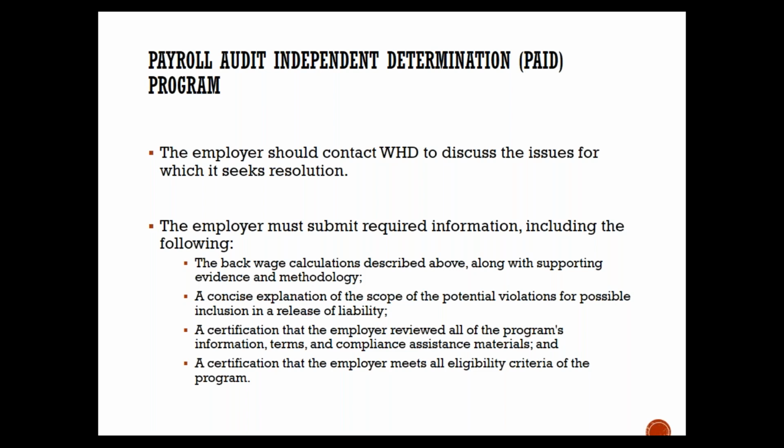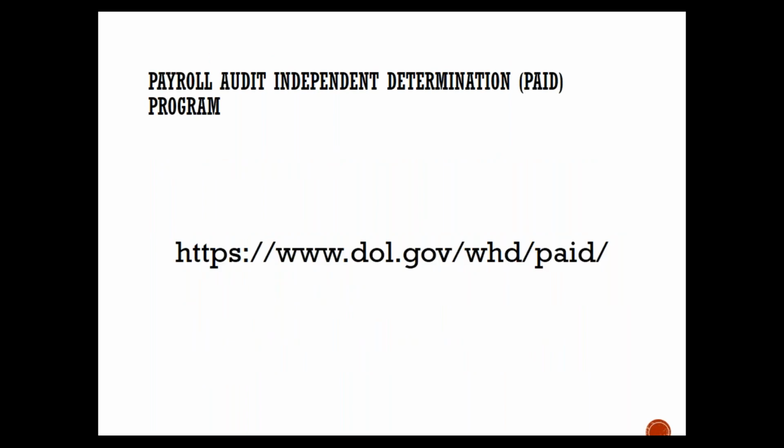It's a pretty long document, but that you reviewed that, and so you know what it entails, and a certification that the employer meets all the eligibility criteria of the program. So this is the website, dol.gov/WHD, which is the Wage and Hour Division, and it's the PAIDS program.